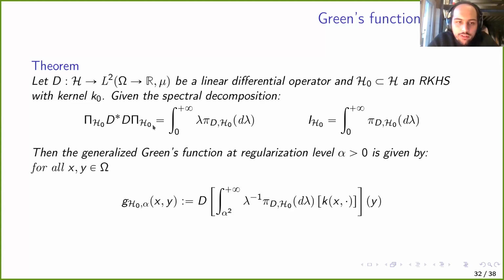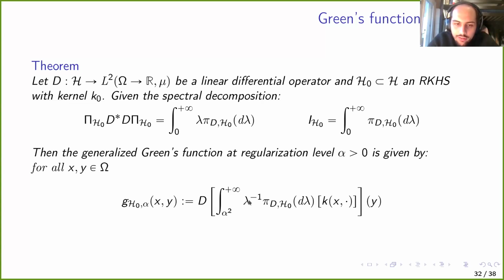The intuition is that we define a norm with the operator: if you compute the scalar product of Du and Dv, then by computing the adjoints, you will recover this operator. You can define a spectral decomposition on it, and then define a regularized inverse of this operator.